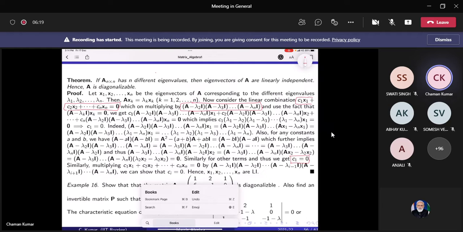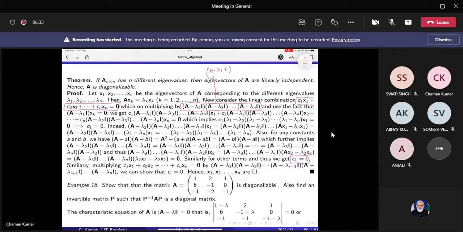When you want to prove that C2 is equal to 0, you repeat the same process and replace this by A minus lambda 1 I, A minus lambda 3 I, and so on up to A minus lambda n I. So for C2, A minus lambda 2 I will not be present in this product. A similar calculation will give you C2 is equal to 0.